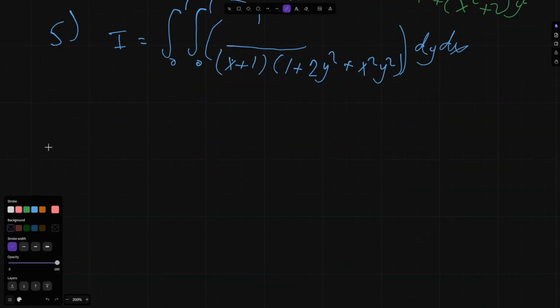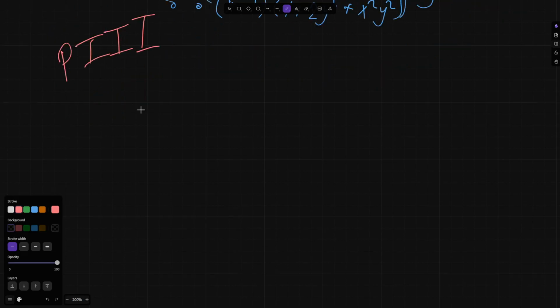In part 3 we can do the following. Now we have a double integral, and by Fubini's theorem we can swap the order of integration. Instead of doing dy dx, let's integrate dx first.